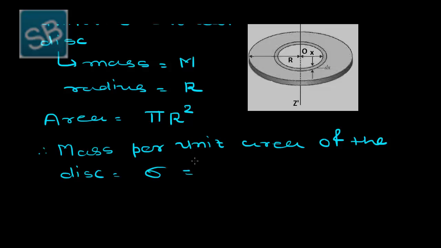Now the mass of the disk is capital M and the area is pi r square. So here sigma is equal to M over pi r square.